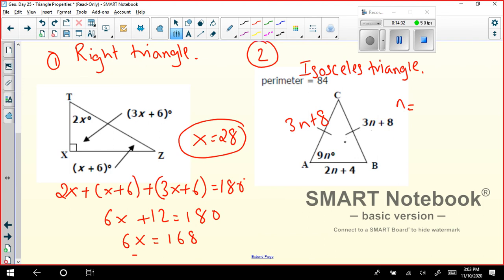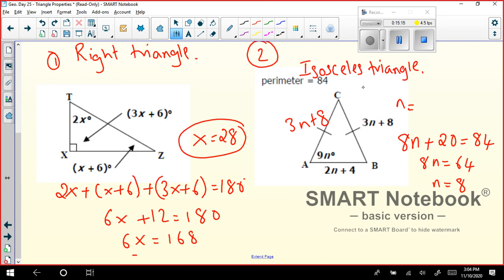And we can further solve this as 3n plus 8 plus 3n plus 8 plus 2n plus 4. So add all of the n's. 3n plus 2n is 5n, 5n plus 3n is 8n. So I'll have 8n plus, add all the constants. 8 plus 8 is 16, 16 plus 4 is 20, equals the perimeter, which is 84. Subtract 20, you will get 8n equals 64. Dividing by 8, I get n equals 8.